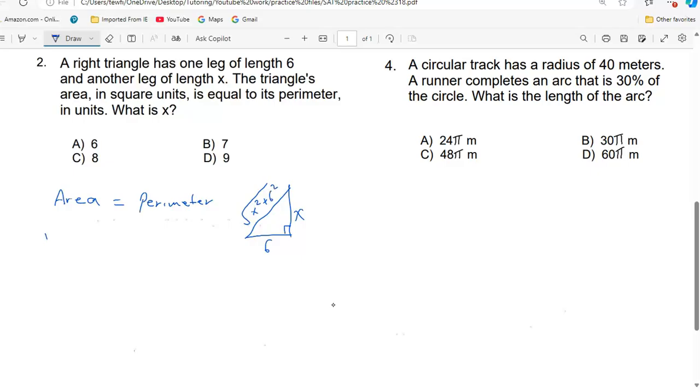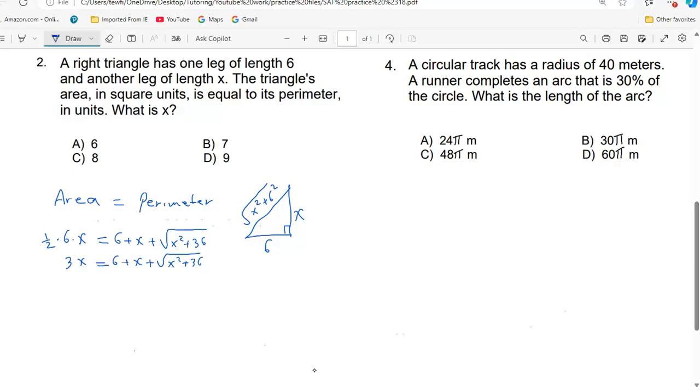So the area, half times the base times the height, equals 6 plus x plus the square root of x squared plus 36. If we simplify that, 1/2 times 6 is 3x, equal to 6 plus x plus the square root of x squared plus 36.